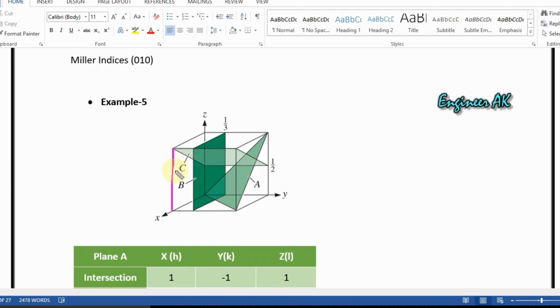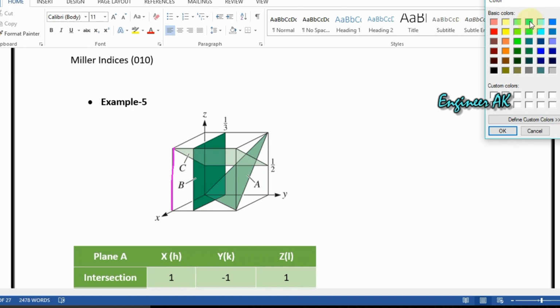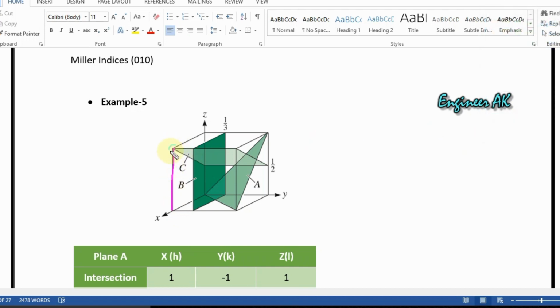If I take another plane parallel to it, this point will be shifted here. Here it is at 1/2, so it will not change, because it is at equal distance from here and from there. So if I bring it here, this point will also remain here, right?